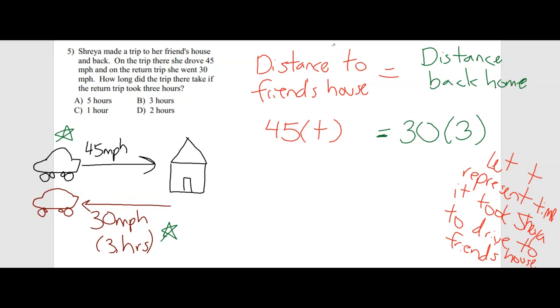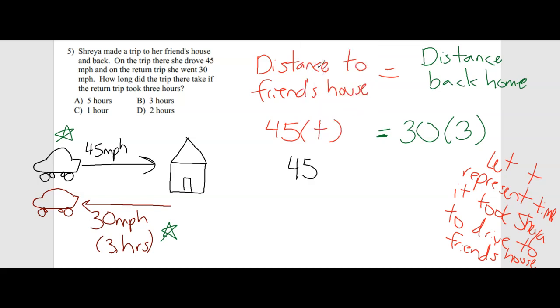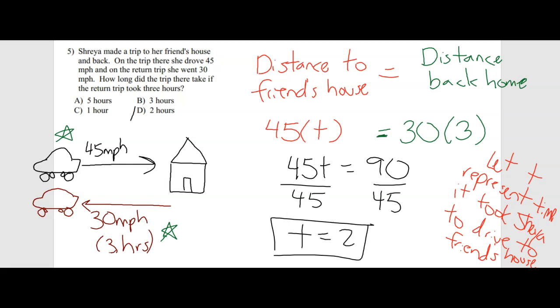Now I have a pretty simple one variable equation to solve. I'm going to get 45t on my left-hand side equals 90, 30 times 3. Then I divide both sides by 45, and I get t is equal to 2. So it took her 2 hours to get to her friend's house.